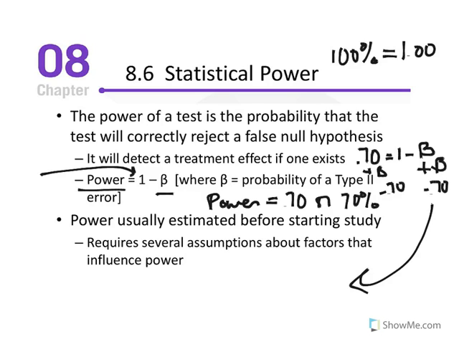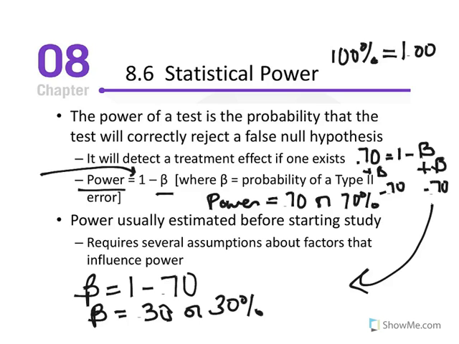Therefore we would say that beta is equal to 1 minus 0.70. So our beta would be equal to 0.3, or we would say that there's a 30% chance of engaging in a type 2 error.